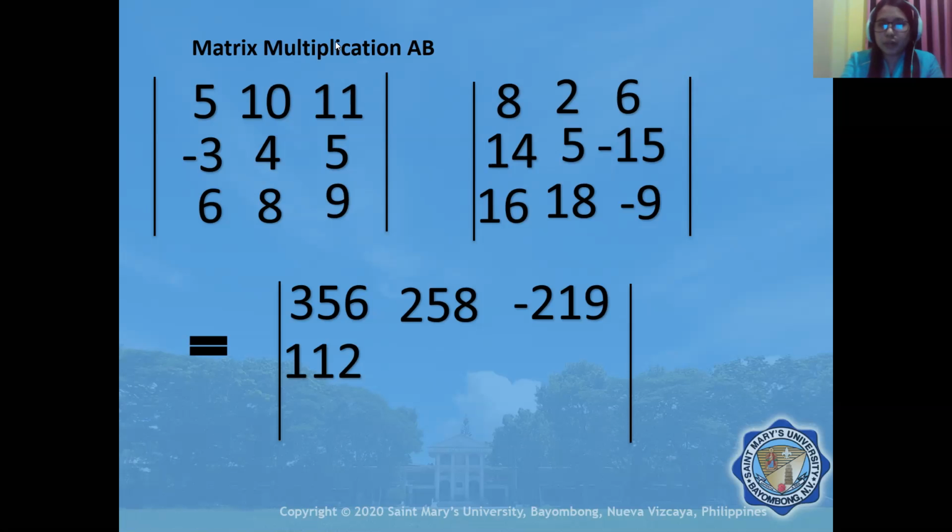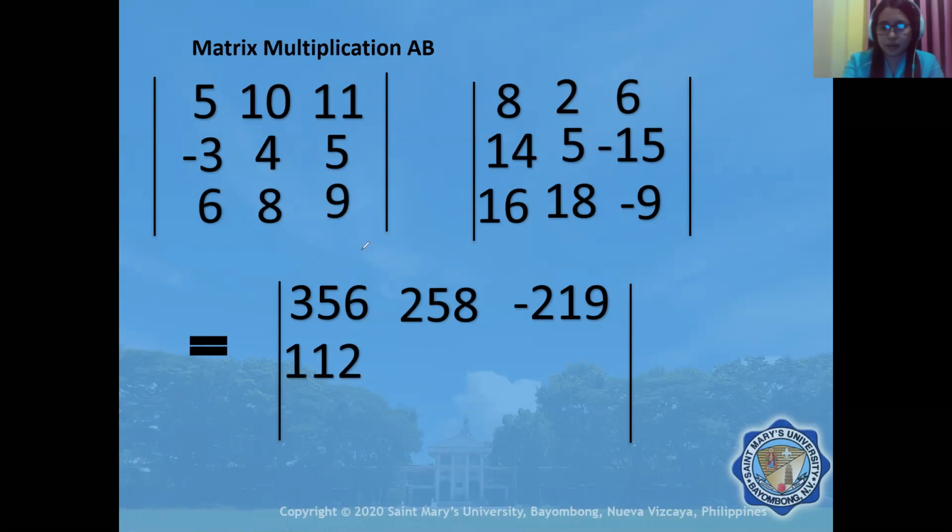Still, we will multiply our second row with our second column. So negative 3 multiplied by 2 plus 4 multiplied by 5 plus 5 multiplied by 18.